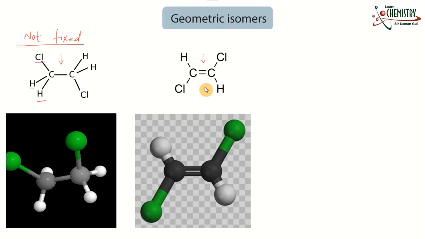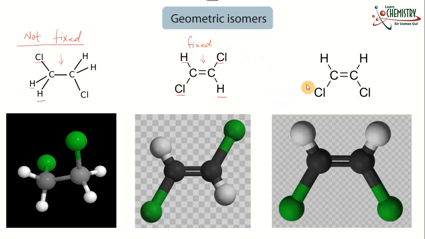But when we talk about alkene, as the double bond is not rotatable, these groups will have fixed positions. So if I show you another type of arrangement, now you can see in this arrangement what kind of difference you can see.